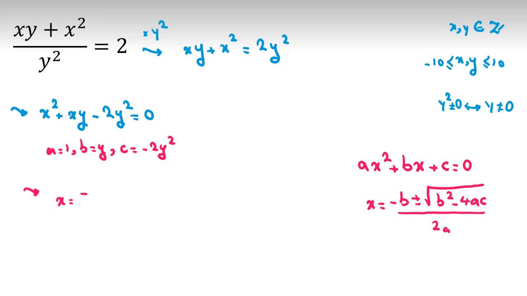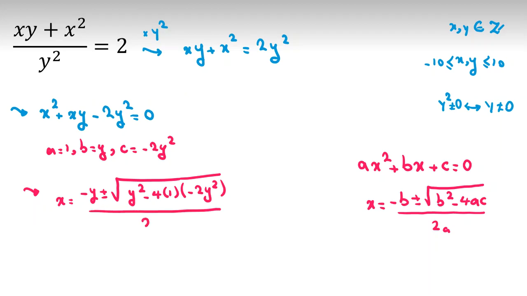x equals negative b, which is negative y, plus minus square root of b squared, y squared, minus 4ac, 4 times 1 times negative 2y squared, all over 2 times 1.